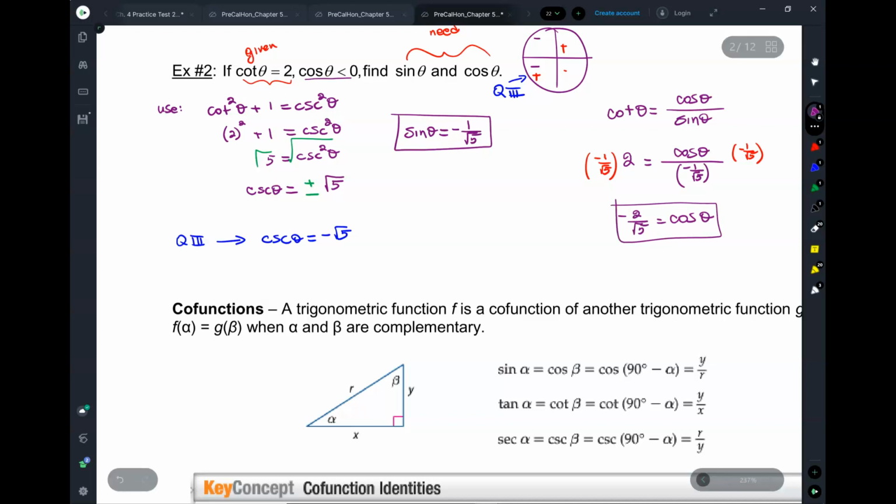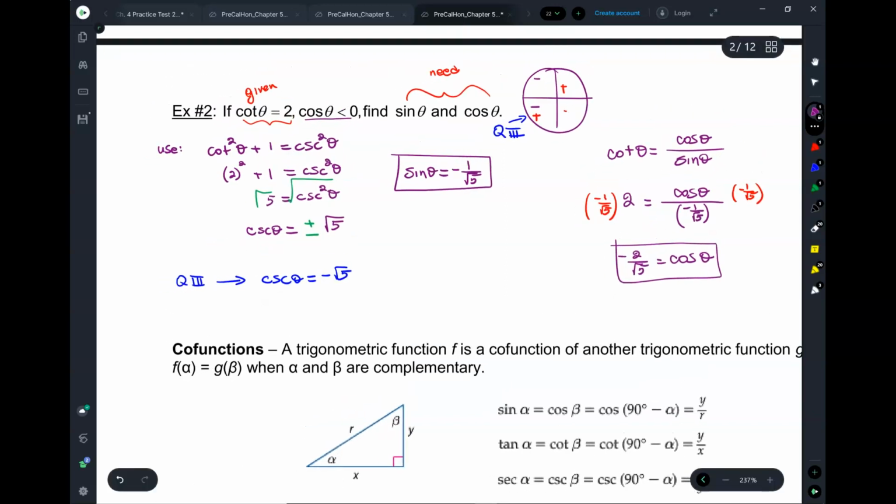Okay, do we up top consider cosine is less than 0? Is that considered part of the given? It was only used for the unit circle to see where you put the pluses and the minuses. Okay. Negative 2 over root 5.